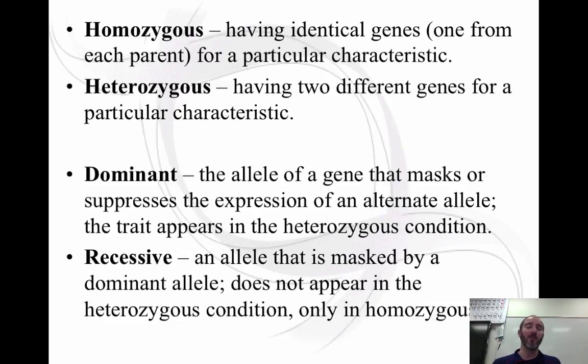So the only way you would see a recessive allele being expressed in the phenotype or the appearance of that organism would be if you had a homozygous recessive set of genes. If both genes from either parent were both recessive, then you would see that recessive trait.